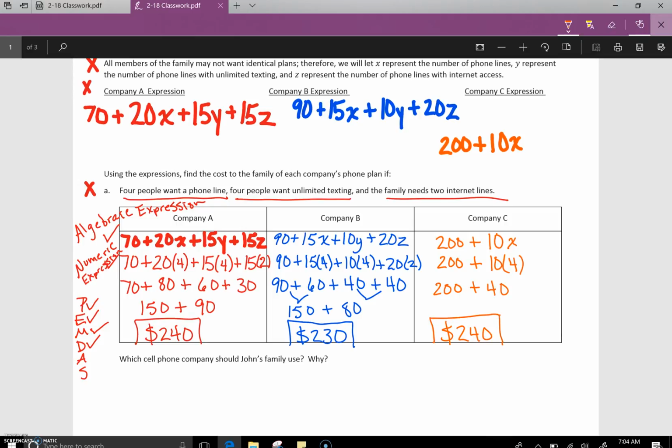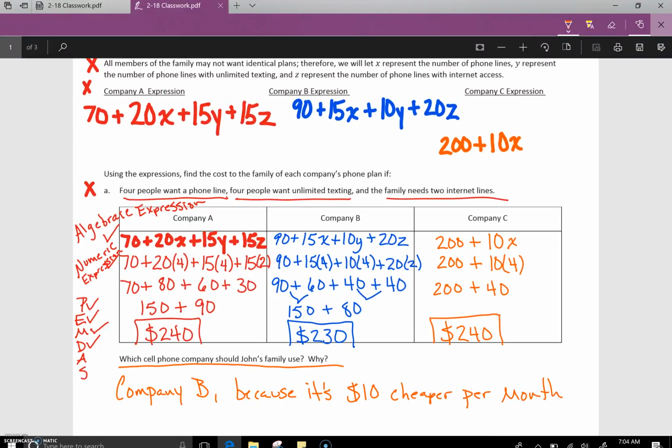So if we look down here, it says which cell phone company should John's family use and why. They should use company B because it's $10 cheaper per month for what their family needs.